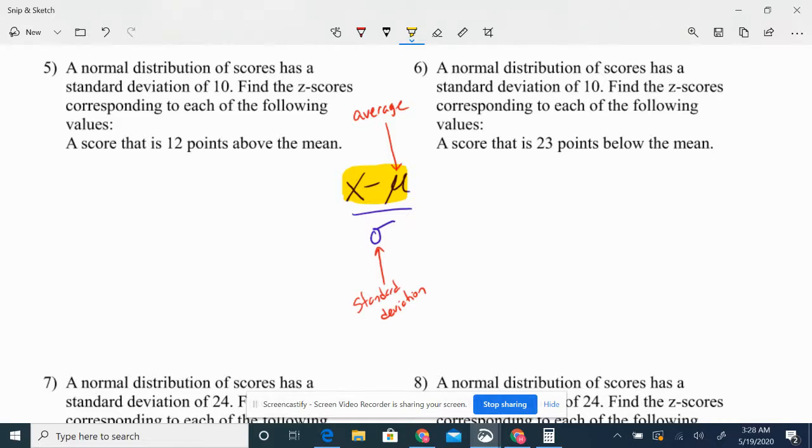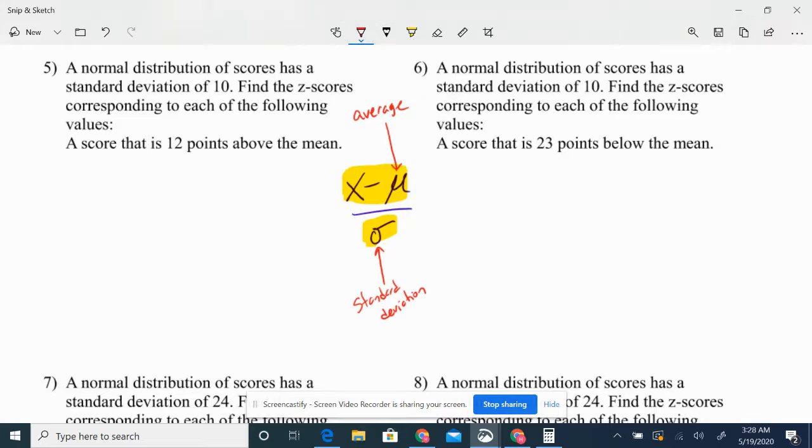If my x minus mu is a negative value, my x is below the average. So the x minus mu tells me what's the difference from the average. Remember, if it's above the average, I have a positive value. If it's below the average, I have a negative value. And then my result, I'm going to divide it by standard deviation, in this case by sigma.